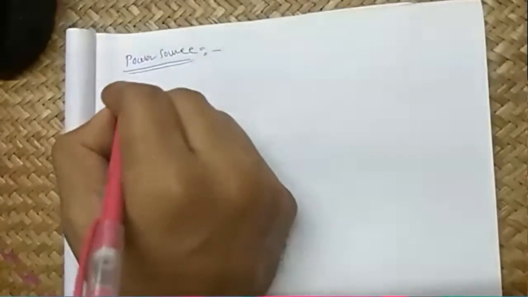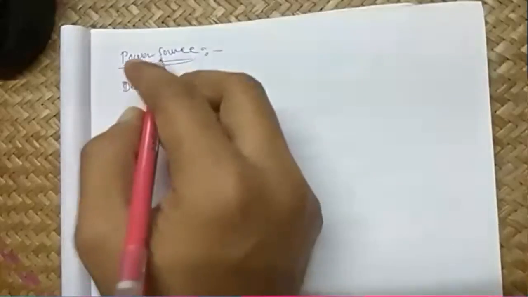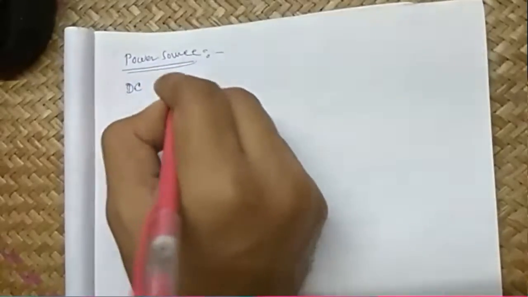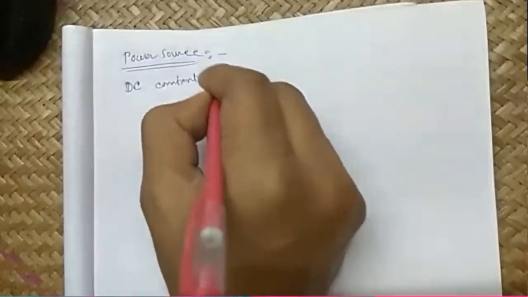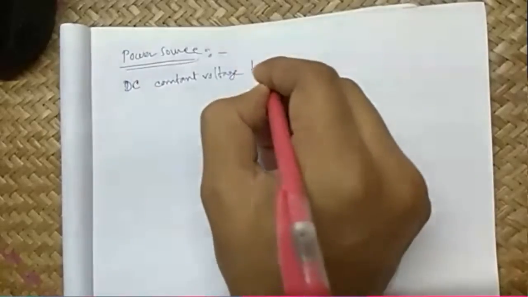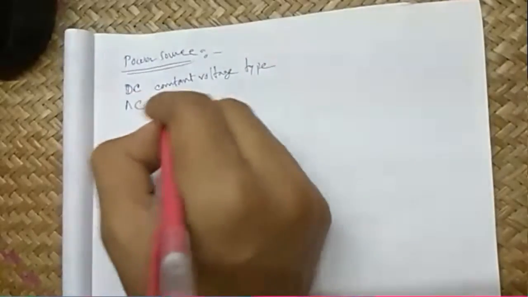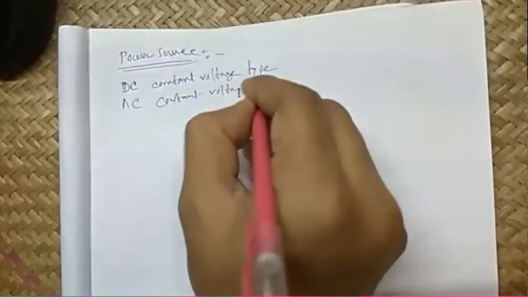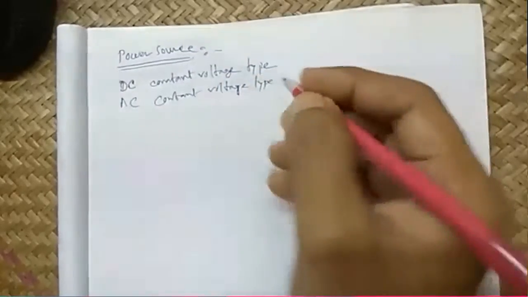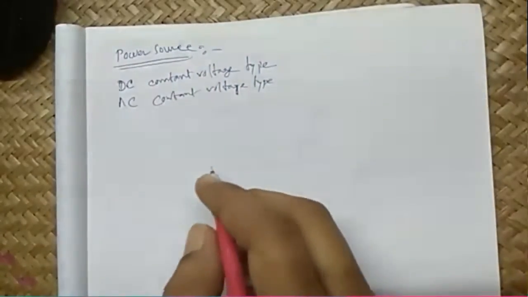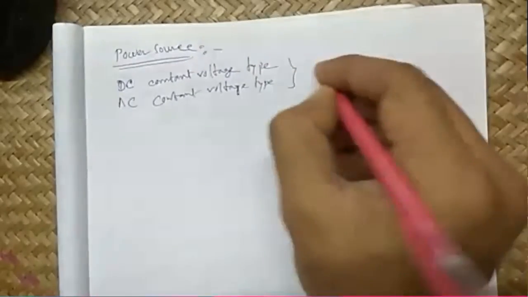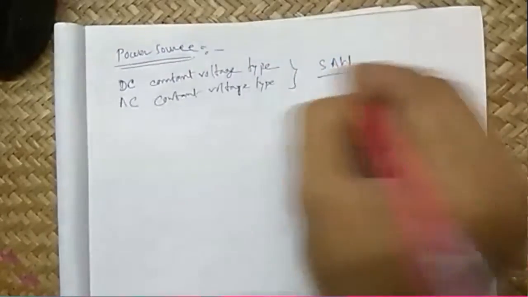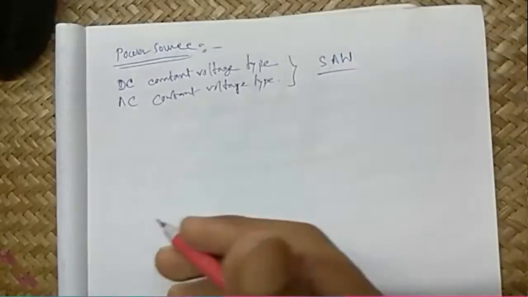So if we require DC, then we take DC constant voltage type, or AC constant voltage type. Now these are similar with submerged arc welding. The same power source can be used in submerged arc welding also.